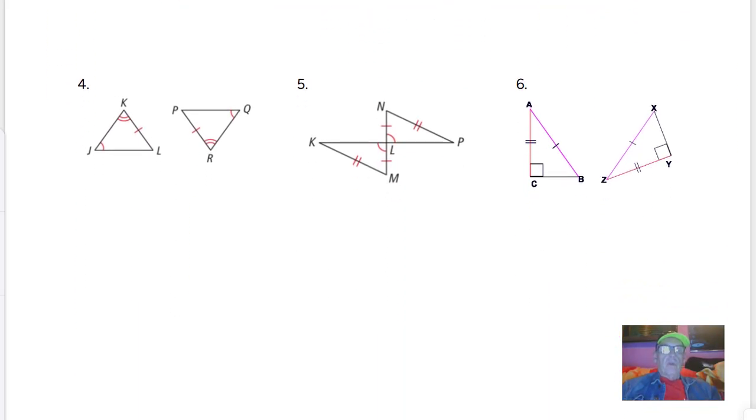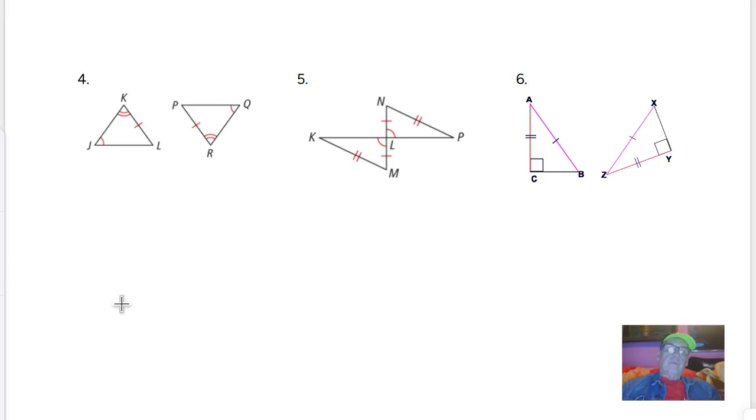Let's look at number 4. J matches with Q, K matches with R, and PR matches with KL. So if we look at these triangles, we have an AAS pattern around this way. We have an AAS pattern around this way.